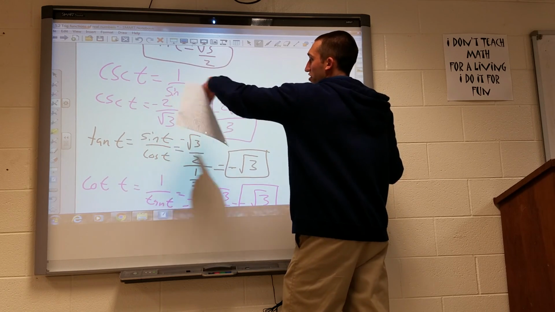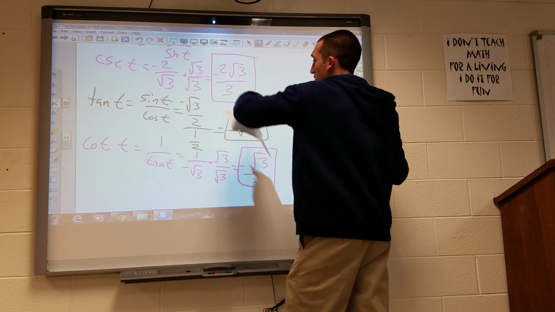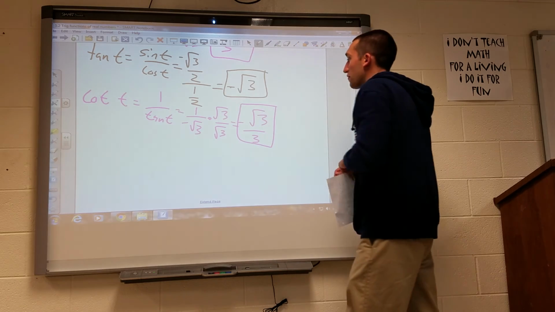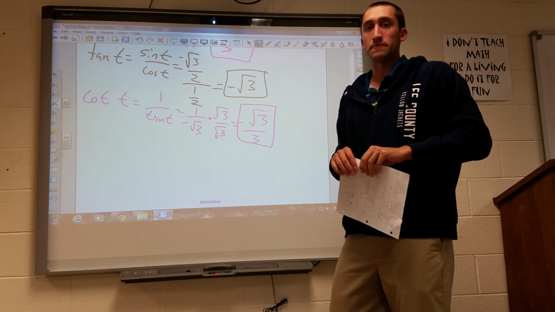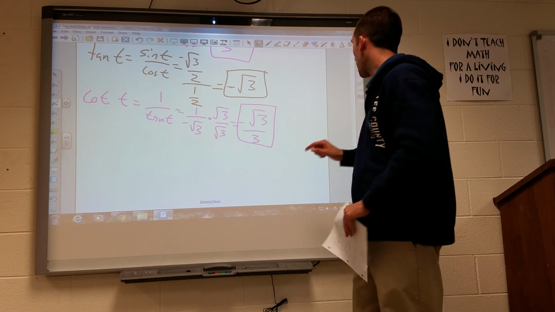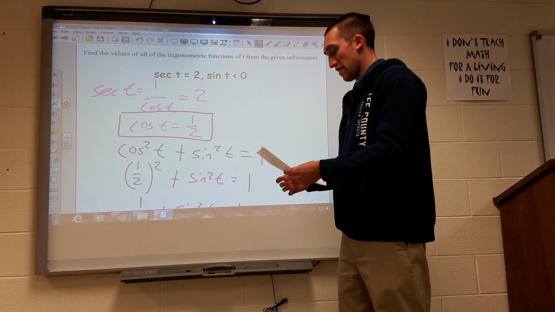I found the cosecant to be negative 2 radical 3 over 3, tangent to be negative radical 3, and the cotangent to be negative radical 3 over 3. So those are the 6 trigonometric functions that you would need if they ask a question such as that.